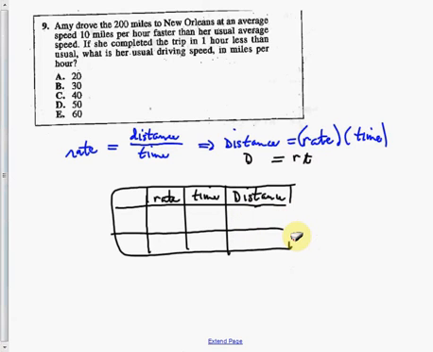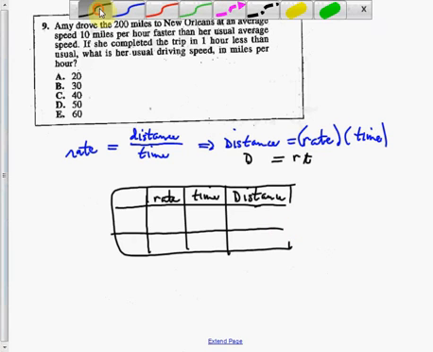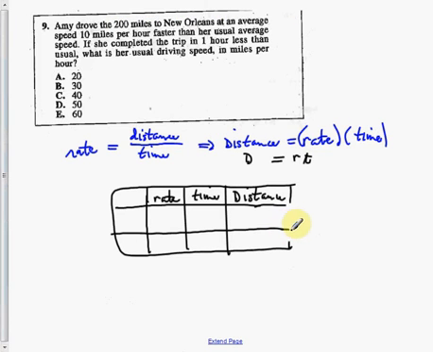I just want to show you something. Okay. I'm going to hold that. Distance is 200 miles. We get that. So here, she's driving from wherever she's driving from, she's going to New Orleans. It's 200 miles. So it says here, she's driving at an average speed 10 miles per hour faster than her usual speed. So we're going to say the first one is her usual speed.